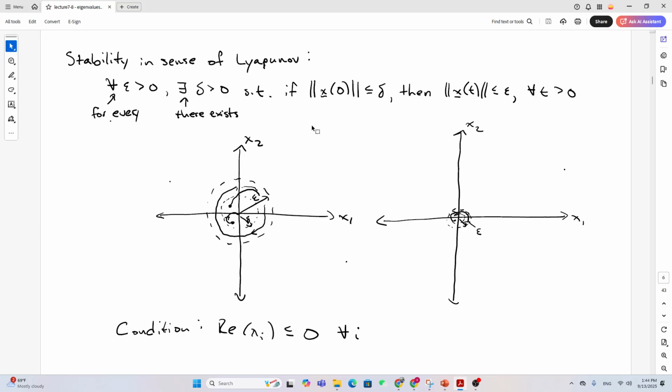So if your initial condition is given within this small circle, it should remain bounded within this slightly larger circle whose diameter is defined by epsilon, right? This is always true for a linear stable system where your eigenvalue is smaller than or equal to 0. This is very easy to understand.